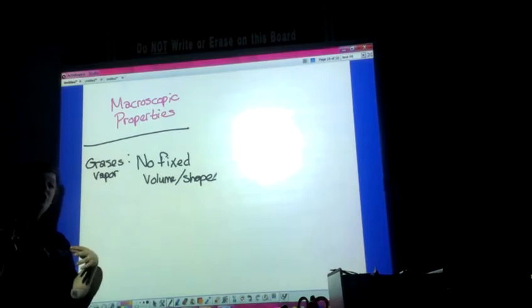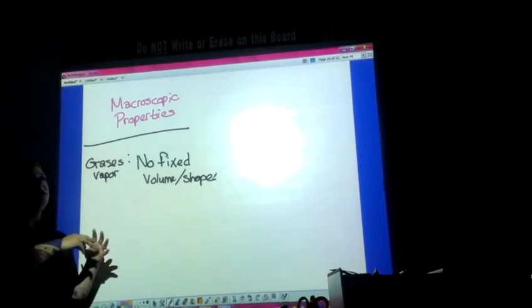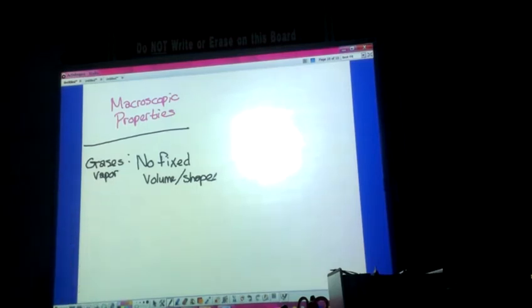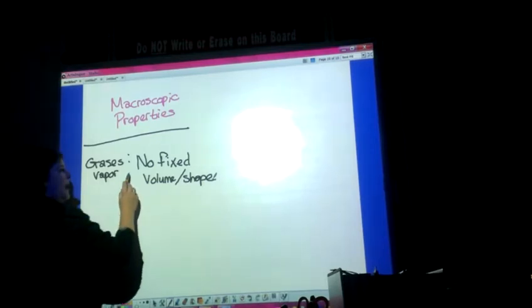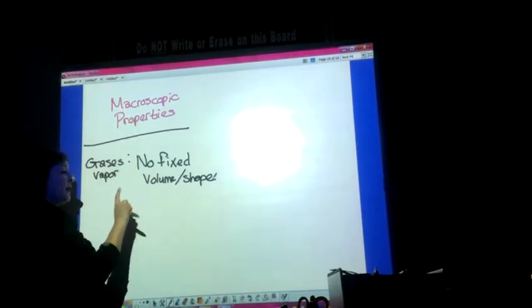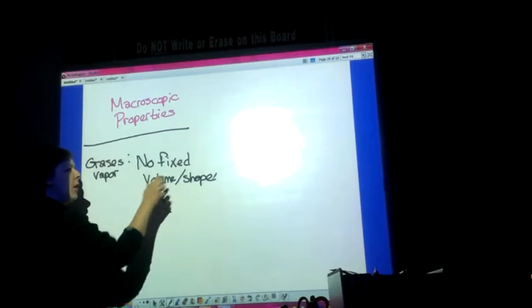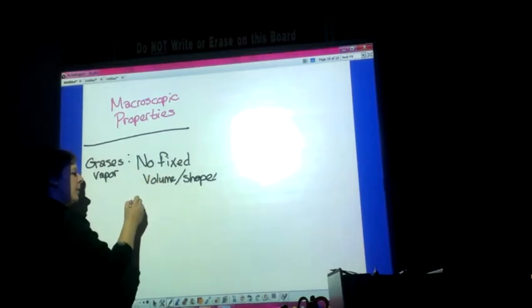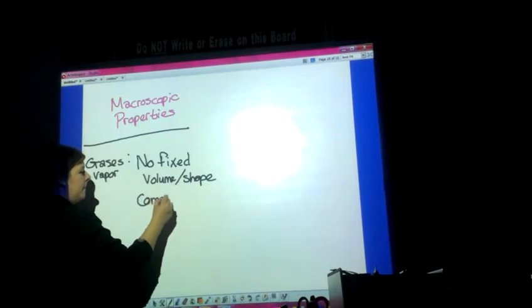So the container may change based on a gas, but ultimately that container should contain the gas. But the gas has no shape itself. Is gas compressible? It is. So I would say gases macroscopically and their properties, they have no fixed volume or shape, and they're compressible.